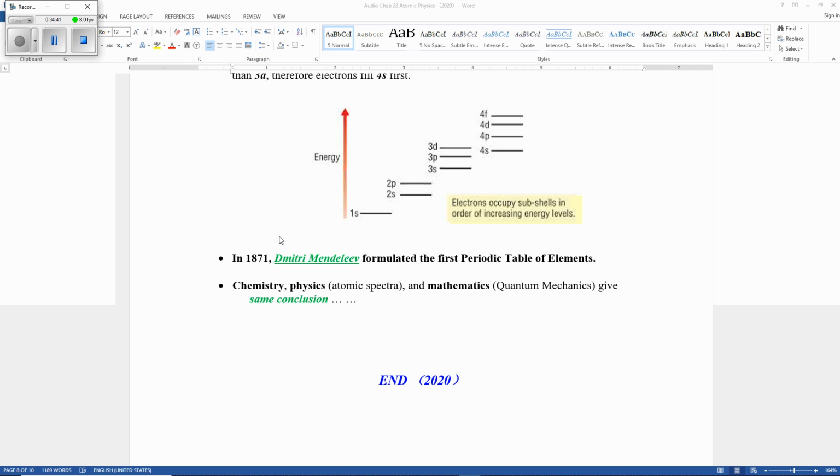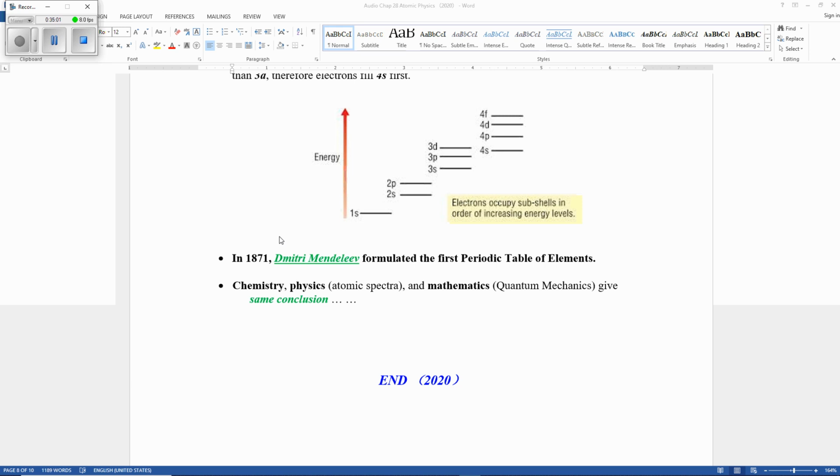That is physics. Then quantum mechanics is basically mathematics. People use differential equations and mathematics to calculate the energy states inside the atoms. The theory just matches the experiment.